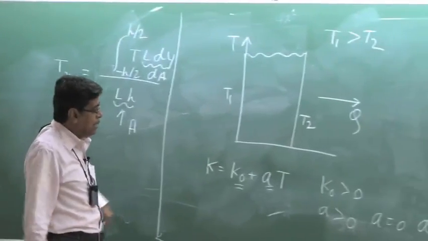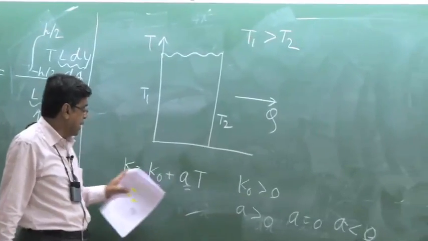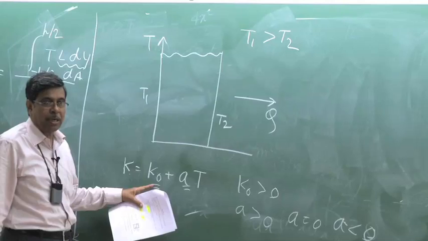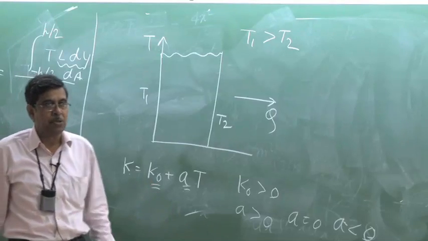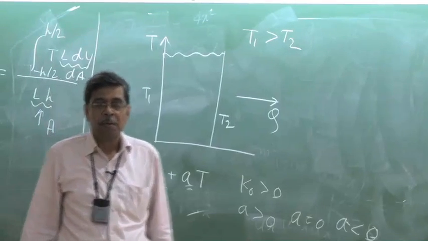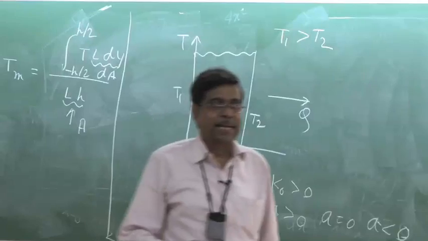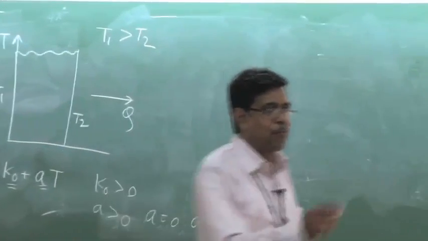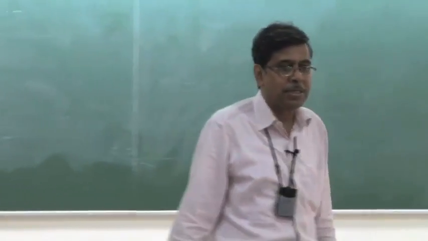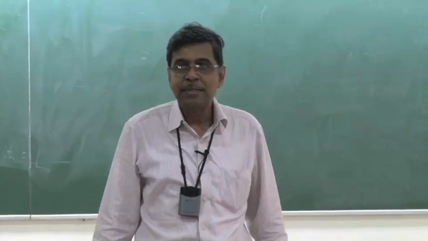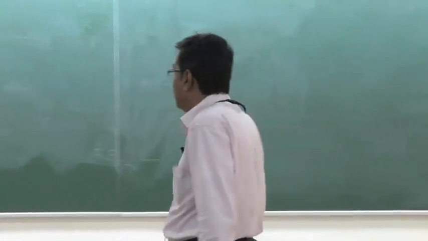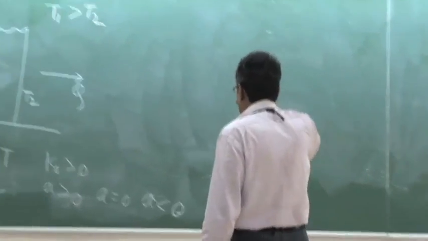Now when A is 0, K is K0, constant thermal conductivity, so the temperature distribution is linear. But when A is greater than 0 or less than 0, where will we start from? We will start from the steady state heat conduction equation for constant area.